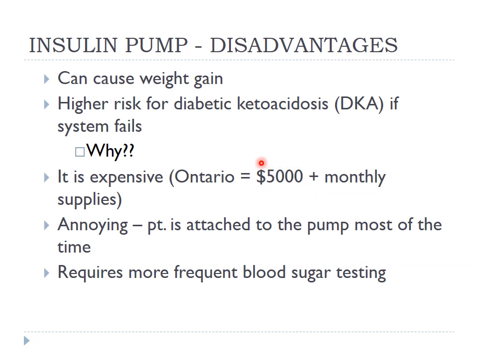Every 5 years you can buy a new pump, and the government will pay for it if, and only if, your hemoglobin A1C, which is an indicator of how well you are managing your diabetes, stays at 10 or below. If it is 11 at one visit, and 11 again at another visit later, guess what? They will take the money away from you. So that's why pumpers are always concerned about their hemoglobin A1C. They don't want the government to remove the subsidy because it's a lot of money.